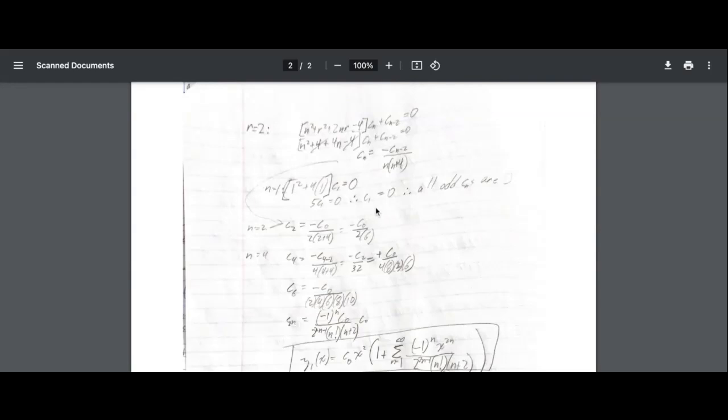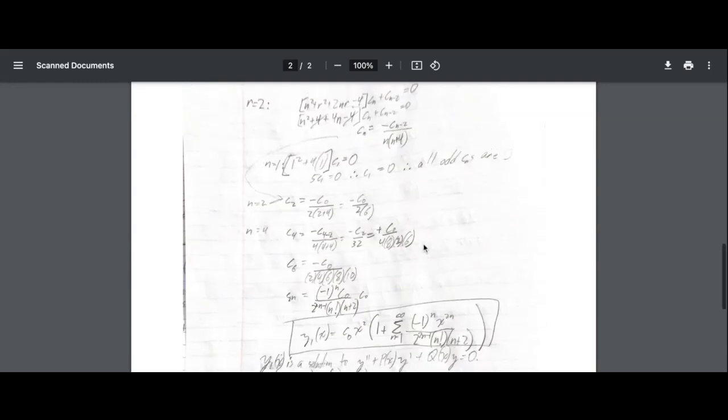Basically I let n equal 1 here, and it turns out that all odd c of n's are 0. 5c of 1 equals 0, and therefore c of 1 equals 0, and so everything after that will just be 0 when you do that relation, since there's a difference of 2.